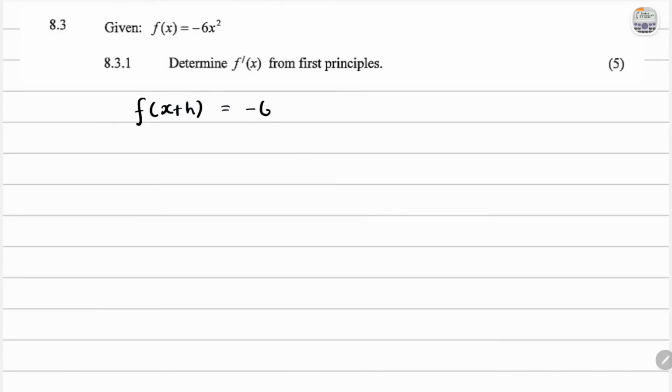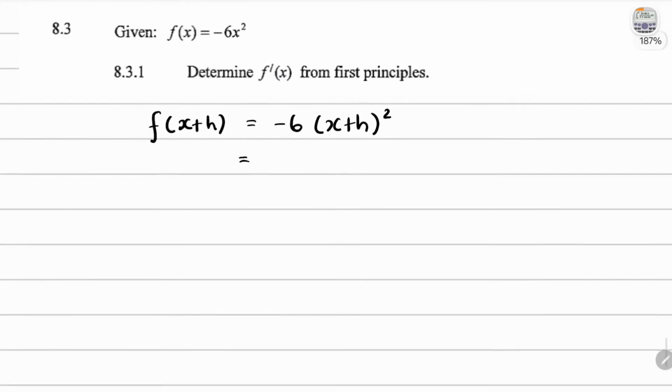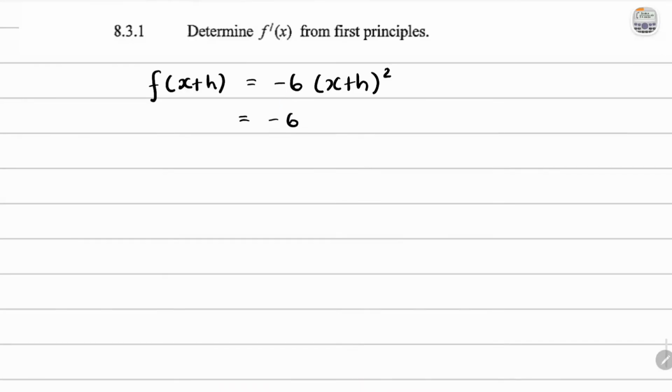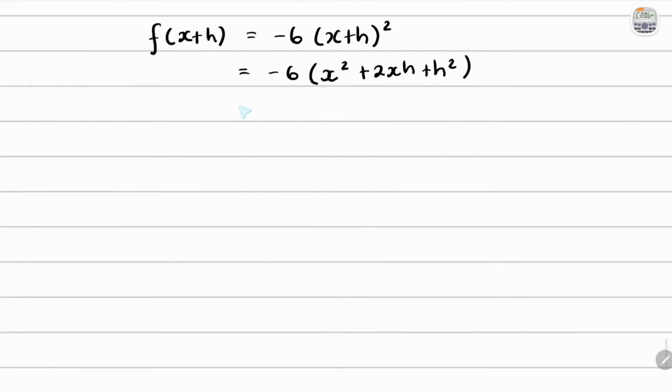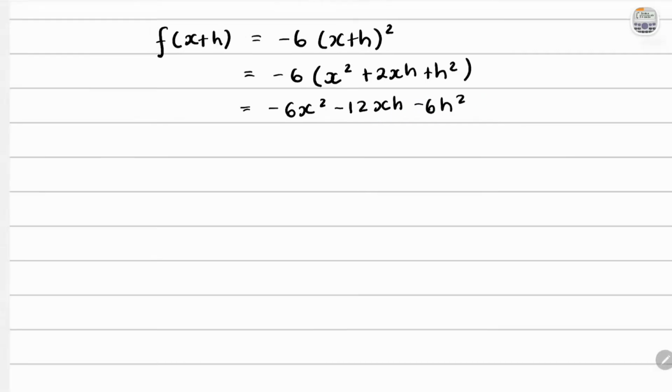So this is -6, and in place of x, we say (x + h)² is equal to, and then this just simplifies to, we have -6 here, and when we distribute that, that's going to be x² + 2xh + h². Okay, and then distribute. So -6x² - 12xh - 6h².